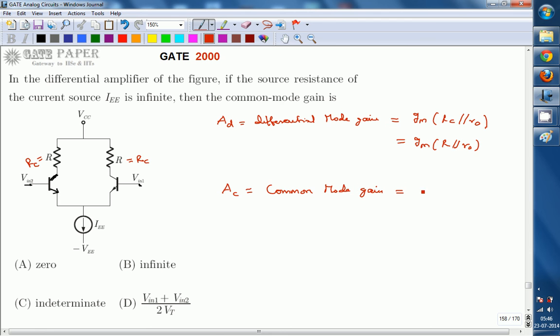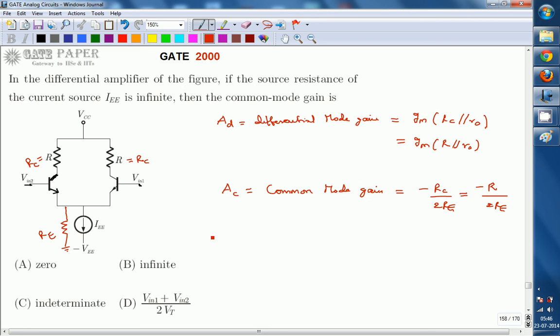The equation for this is minus RC divided by 2RE, where RC is the collector resistor, which in our case is R itself, and RE is the emitter resistor, the resistance connected across the emitter.